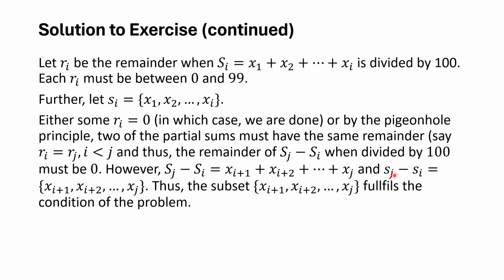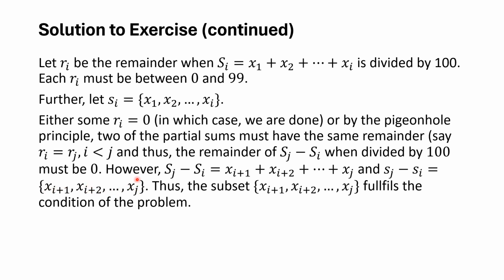But then we have this set little s sub j minus little s sub i using set subtraction. So if we took all the elements in little s sub j, x sub 1, x sub 2, all the way up to x sub j, and subtracted the members of little s sub i, which is x sub 1 all the way up to x sub i, then we get this set here, x sub i plus 1, x sub i plus 2, all the way up to x sub j.